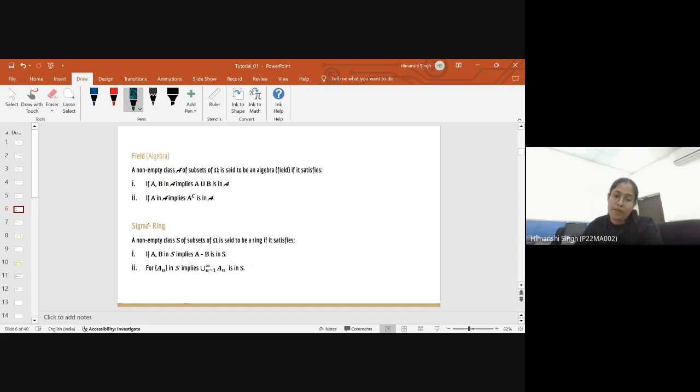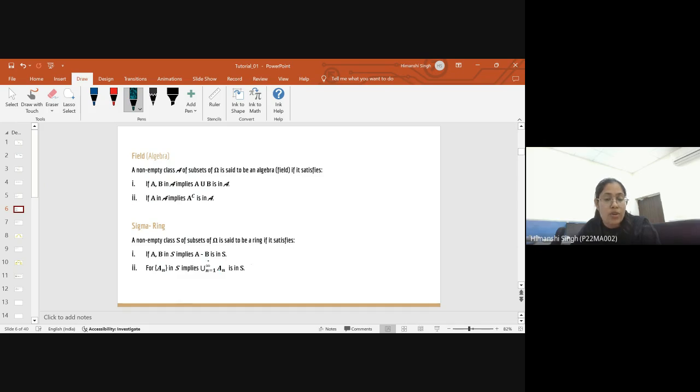Then apart from this, sigma ring. A sigma ring is basically an algebraic structure which is closed under difference and countable unions. Means if I have any two sets, then their difference should be in S for S to be a sigma ring. And if I have a sequence of subsets of omega, A_n, then the countable union means I am taking the union of the sets A1, A2 and so on up to infinity.